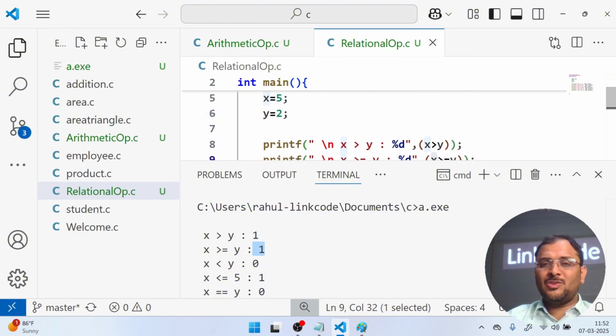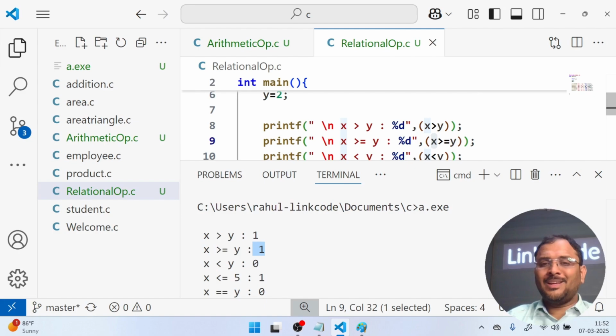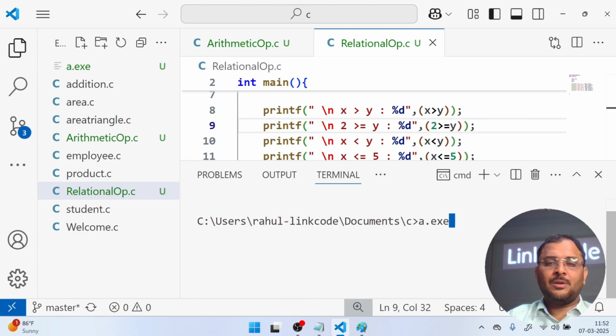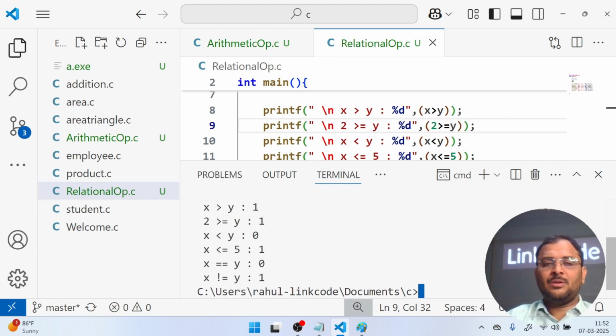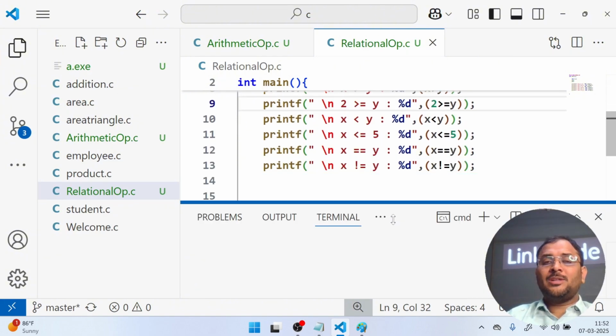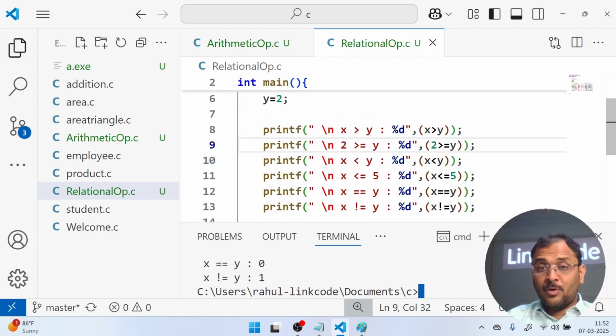Suppose if we mention here 2, like this, then what is the result? Compile your code and check the answer. Yes, 2 is equal to 2 because y is 2, so the answer is 1. So in this way you can check this operator. This is called the relational operator, and the result is in the format of Boolean.